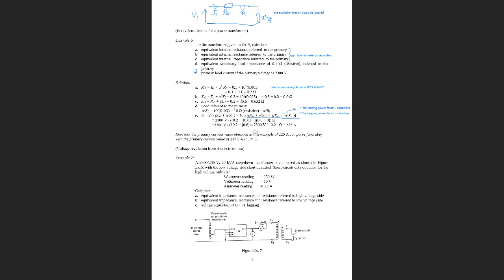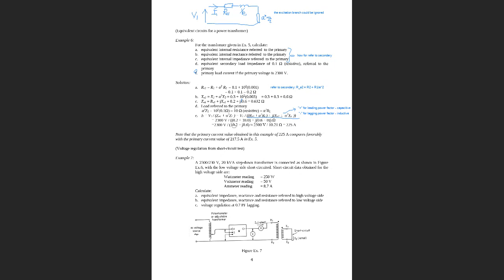That means the power factor is 1. Reactance value is 0, XL is 0.